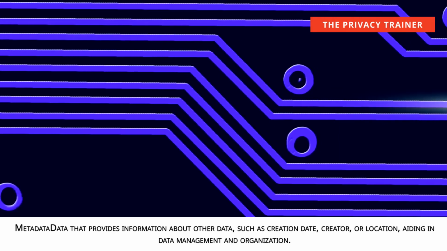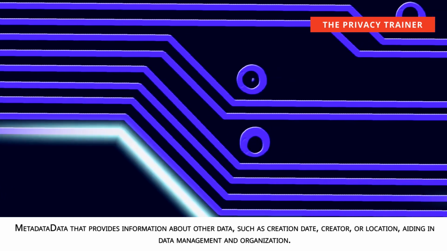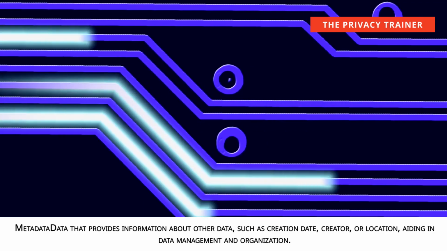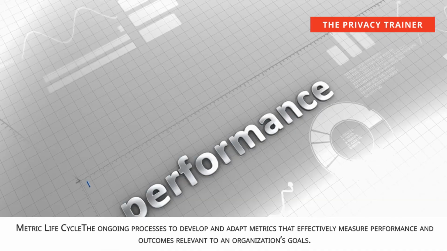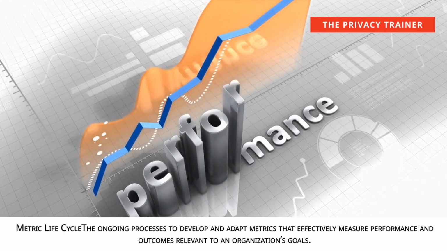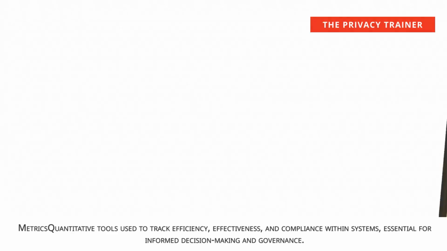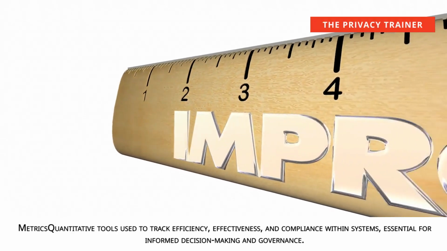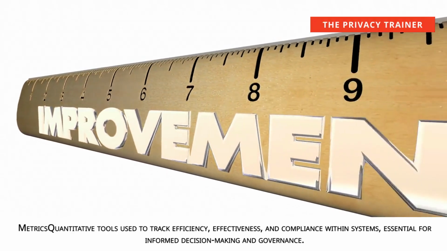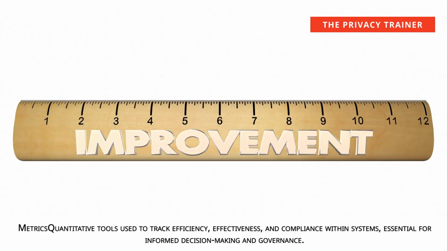Metadata, data that provides information about other data, such as creation date, creator, or location, aiding in data management and organization. Metric life cycle, the ongoing processes to develop and adapt metrics that effectively measure performance and outcomes relevant to an organization's goals. Metrics, quantitative tools used to track efficiency, effectiveness, and compliance within systems, essential for informed decision-making and governance.